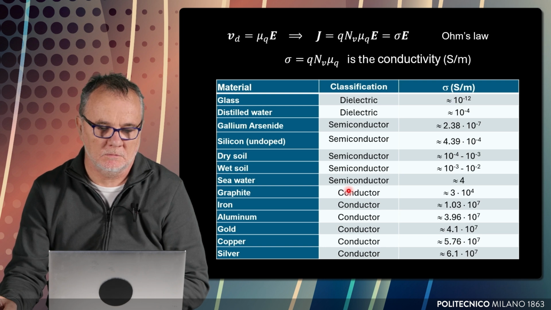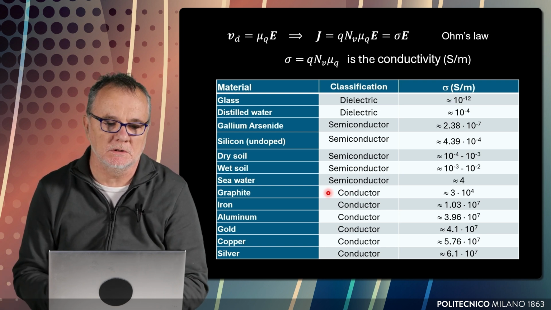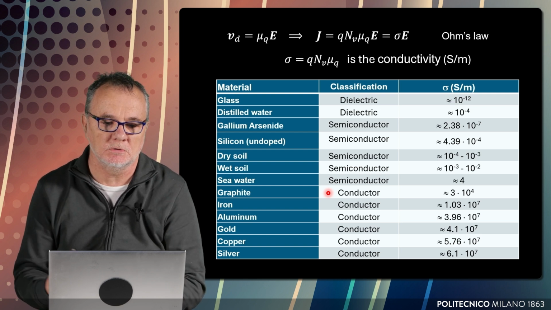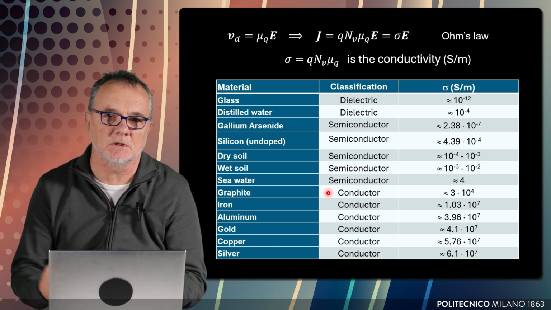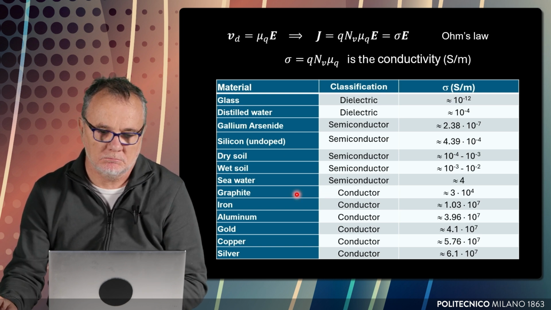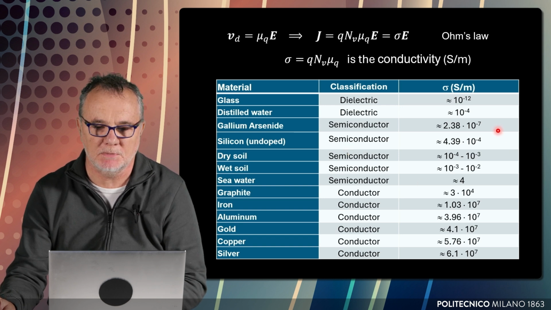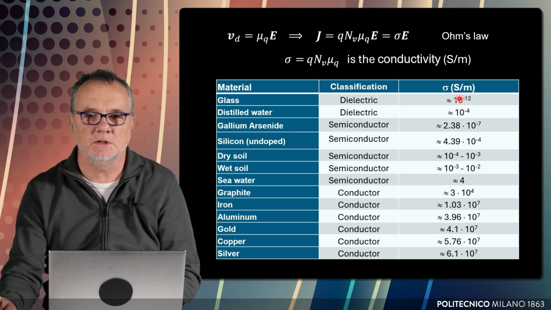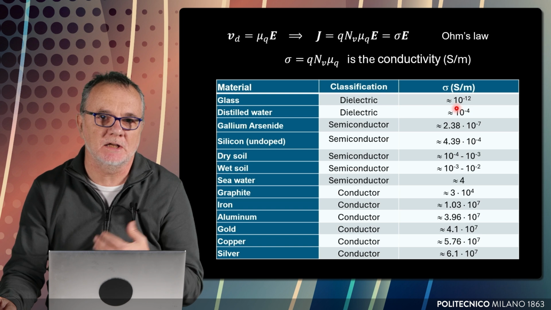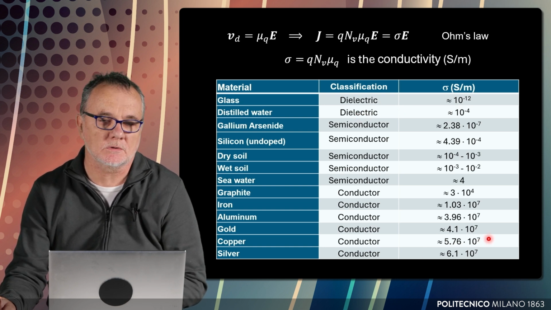Normally, materials can be classified according to the value of their conductivity. The normal classification is between dielectrics, insulating materials, semiconductors, and conductors. Now, let's not give much importance to the name we give to these materials, but rather to the value of conductivity, which can range over several orders of magnitude, from very small values, normally associated with dielectrics, to very high values, conductors.